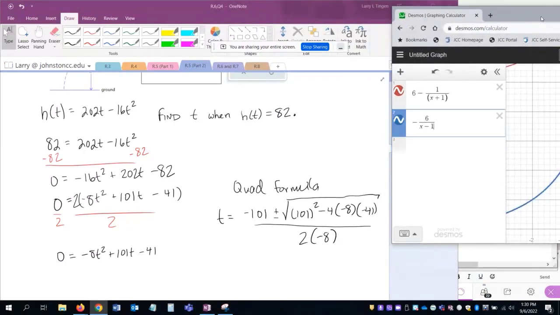-101, because this also does numbers. -101 plus the square root of 101 squared minus 4 times -8 times -41, divided by 2 times -8.